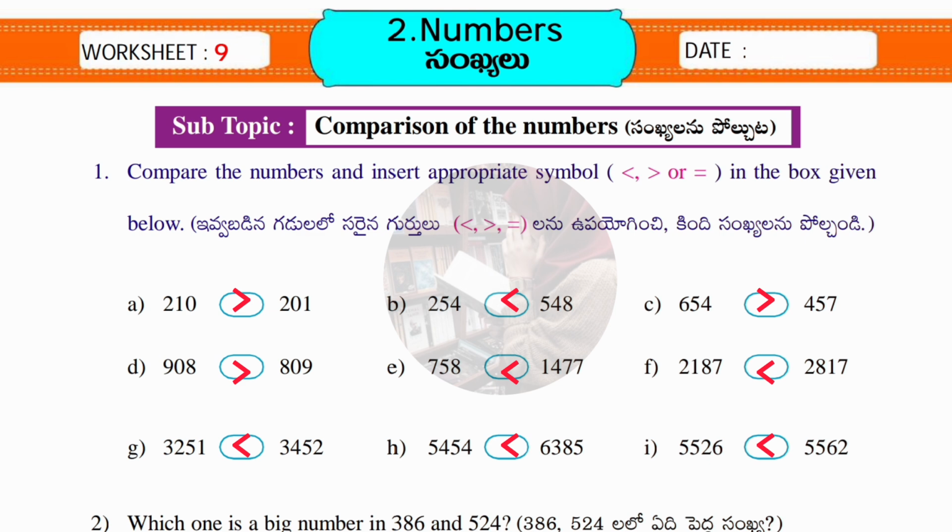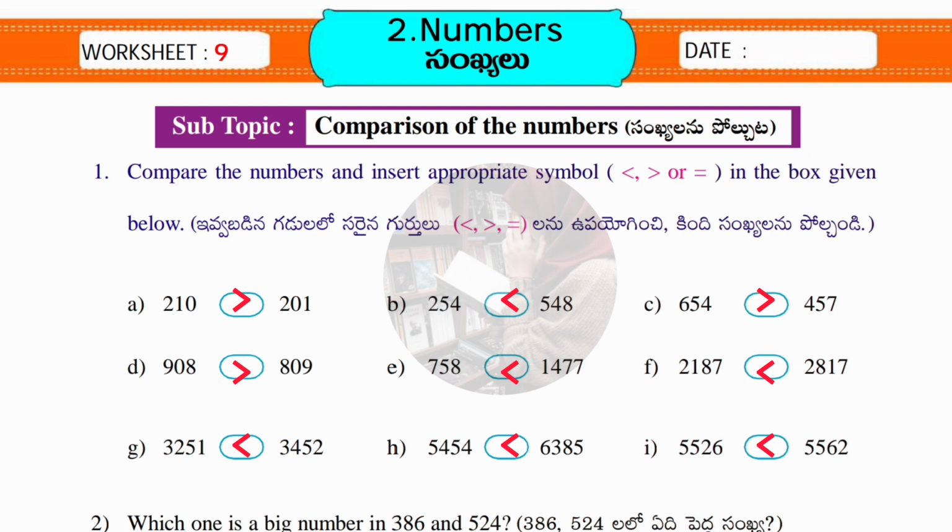Next, 654 greater than 457. Next, 908 greater than 809. Next, 758 less than 1477. Next, 2187 less than 2817. Next number, 3251 is less than 3452.